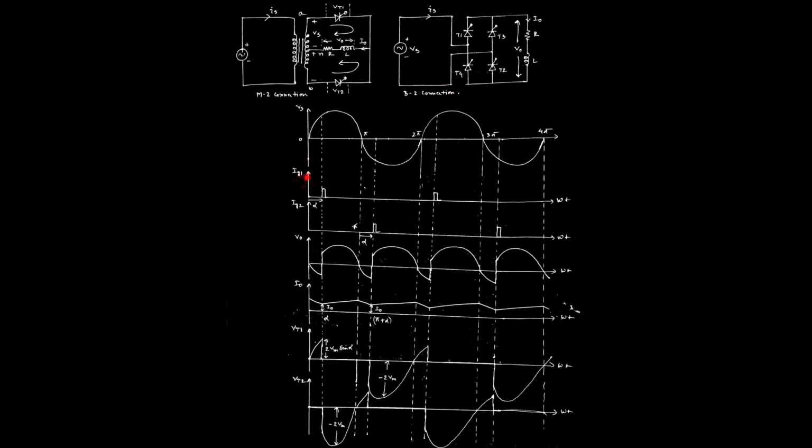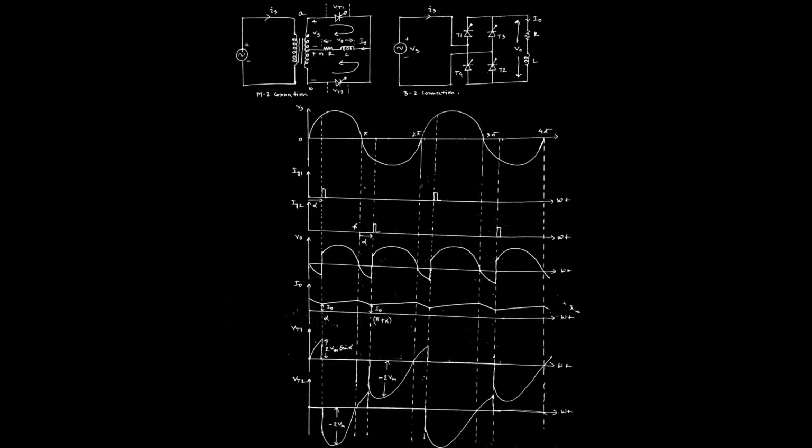That is why we should apply the gate pulses IG1, IG2, and in this case IG3, IG4. Similarly, the terminal voltage on this axis can be replaced by VT1, VT2, and VT3, VT4. So there is a small difference between the M2 connection and the B2 connection, and apart from this, the other operation and the wave shapes of the output voltage, current and input voltage, current are almost similar to each other.